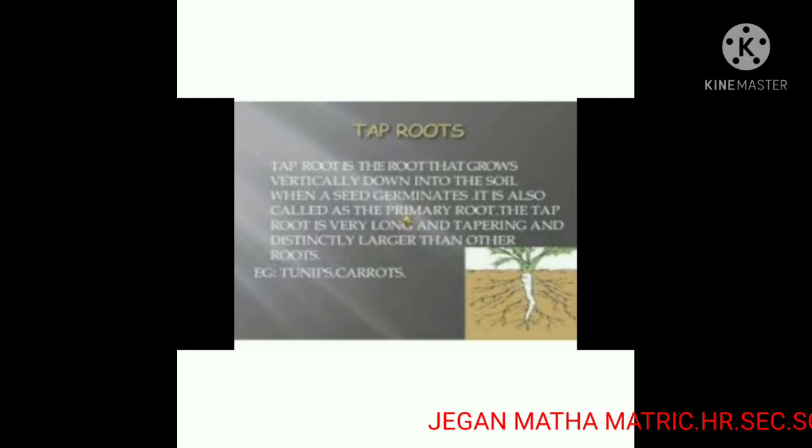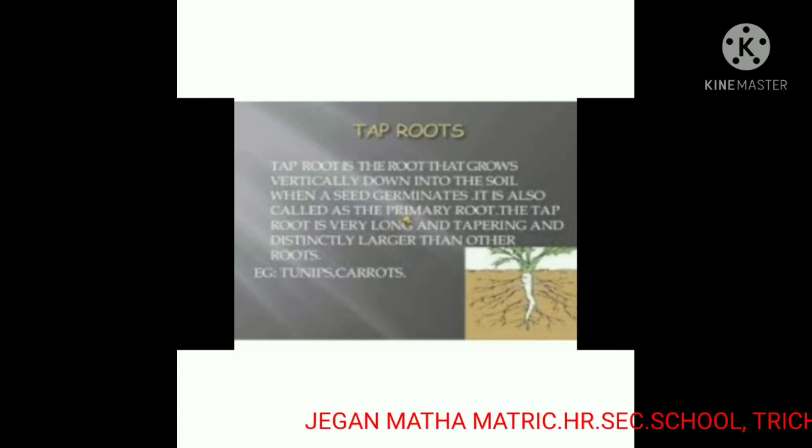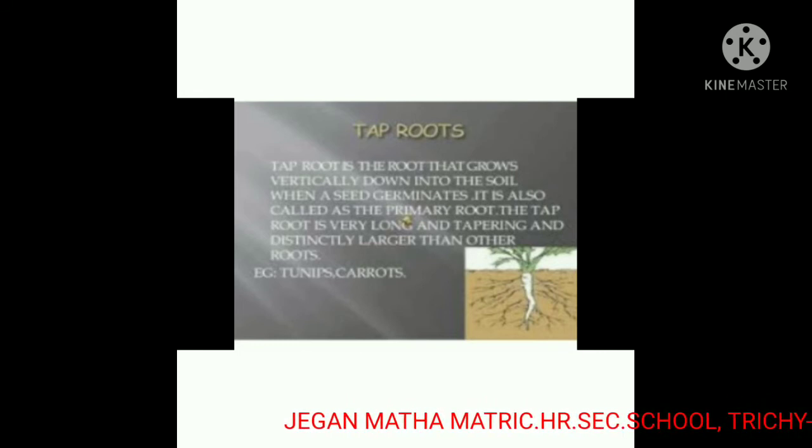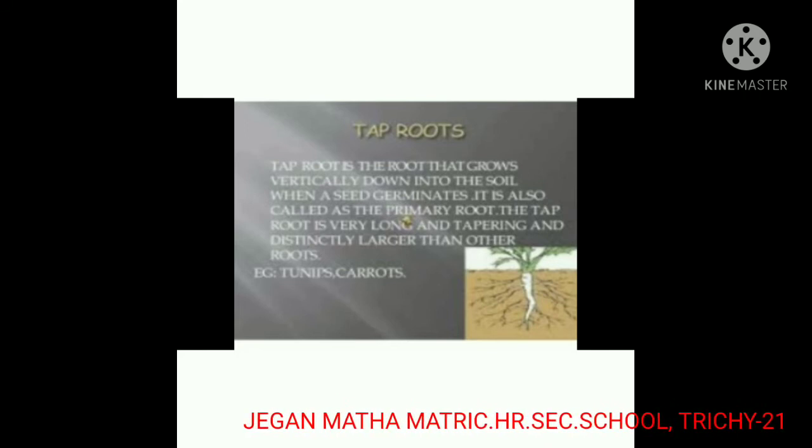Taproot is the root that grows vertically down into the soil. When a seed germinates, it is also called the primary root. The taproot is very long and tapering and distinctly larger than other roots.